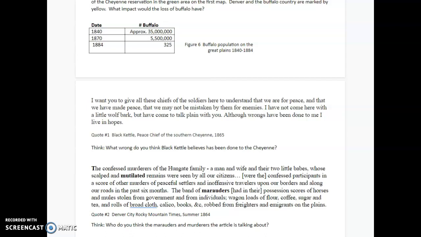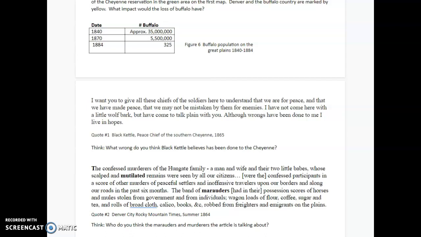The band of marauders had in their possession scores of horses and mules stolen from the government and from individuals, wagon loads of flour, coffee, sugar, and tea, and rolls of broadcloth, calico, books, etc., robbed from freighters and emigrants on the plains."